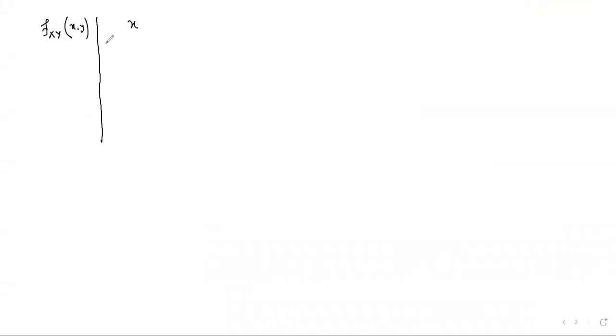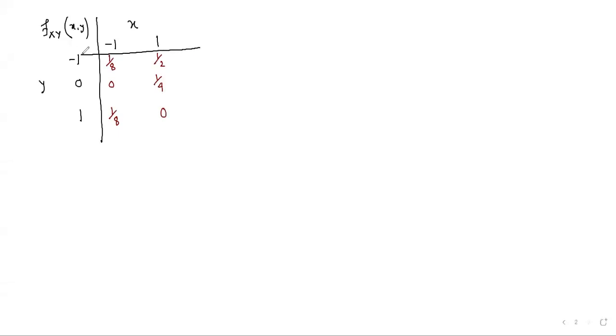So I have this distribution of points for x and y, and these were the values. So we had 1/8, half, 0, 1/4, 1/8, 0.